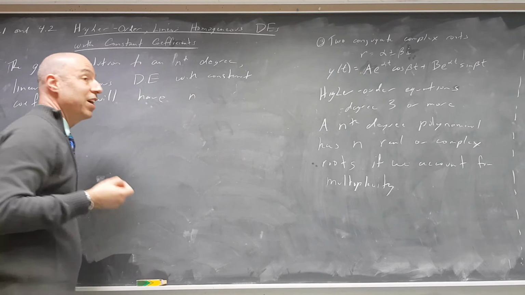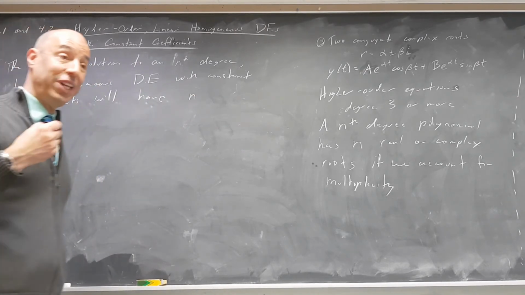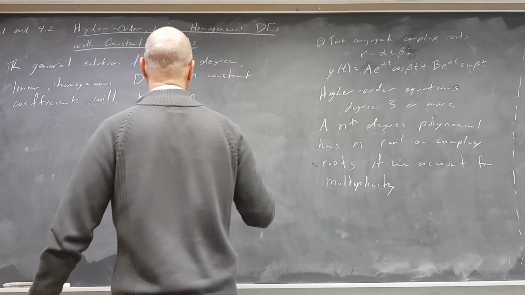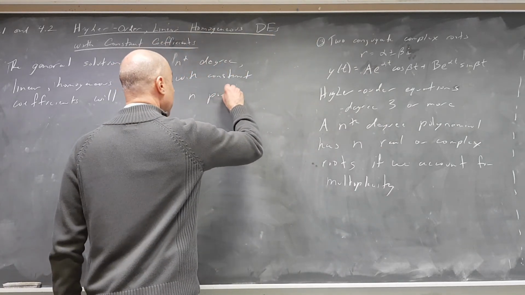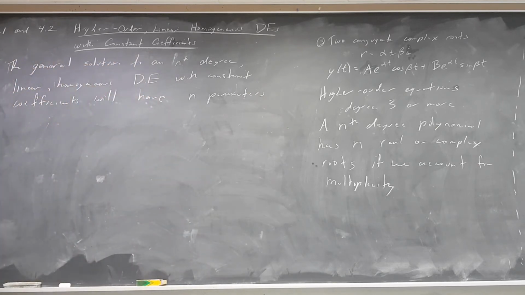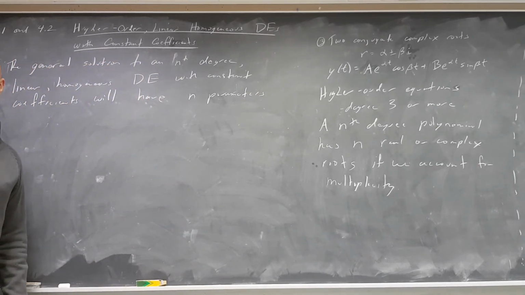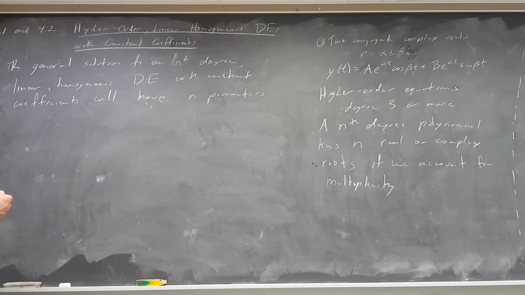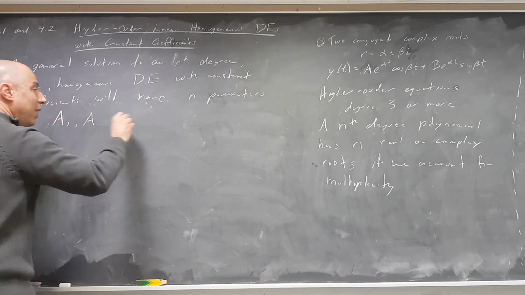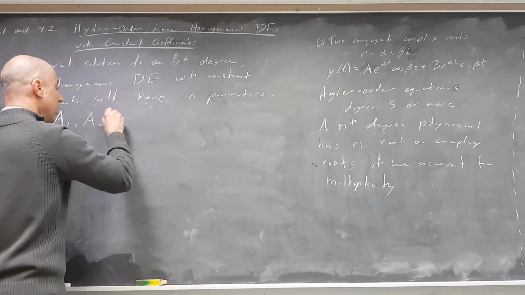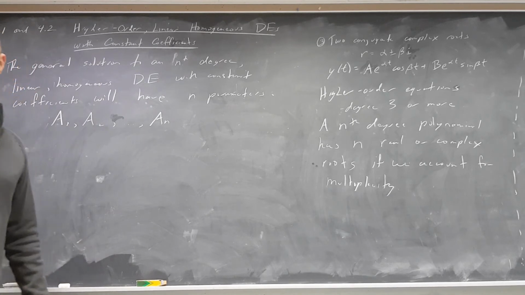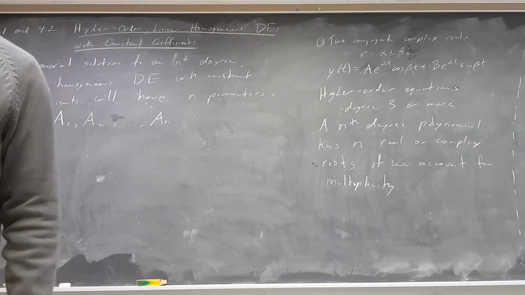A second degree has 2 parameters. A first degree generally has 1 parameter. This is going to have n parameters. Instead of referring to them as capital A, capital B, capital C, and so on, where I could easily run out of letters, I'm just going to call them capital A sub 1, capital A sub 2, all the way up to capital A sub n. Those will be my parameters.